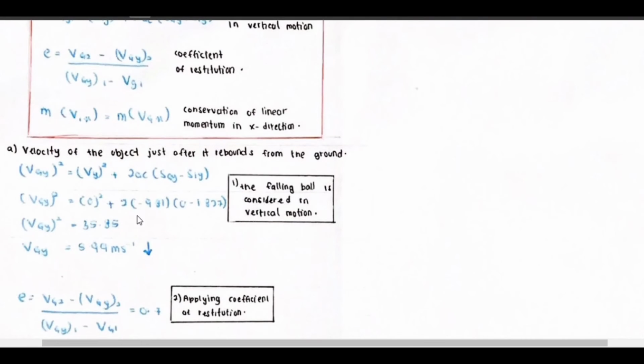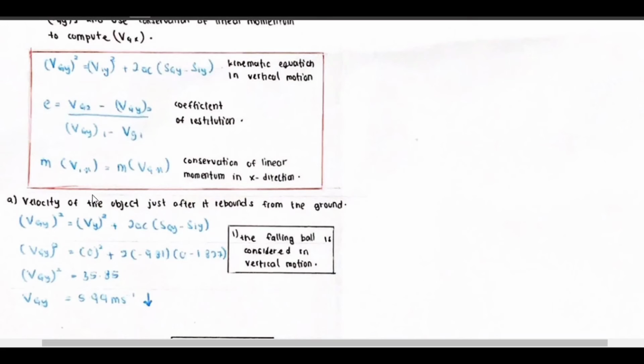First step, we use the kinematic equation and substitute the values. We know that Vy is equal to 0, plus 2 times negative 9.81 times 0 minus 1.827, and when we calculate and simplify, we get VGY equal to 5.99 meters per second.